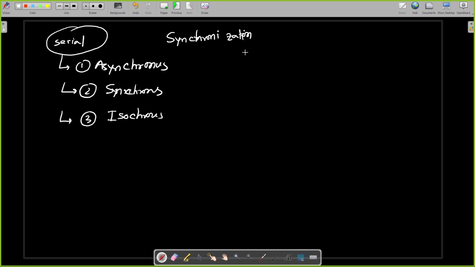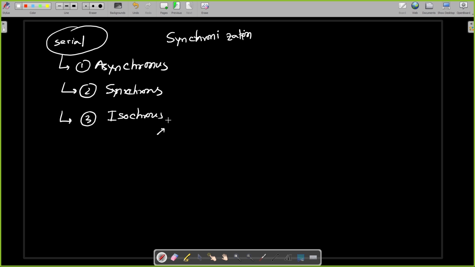Based on her mother's opinion, she is a very good girl. So the classification can change based on the position. Based on the synchronization, the serial methods are three types: asynchronous, synchronous and isochronous. We will learn these topics in our next class.